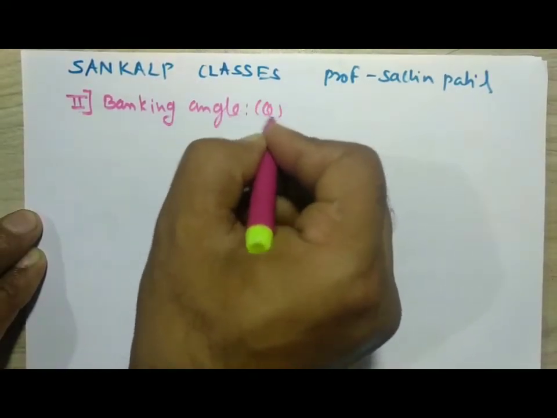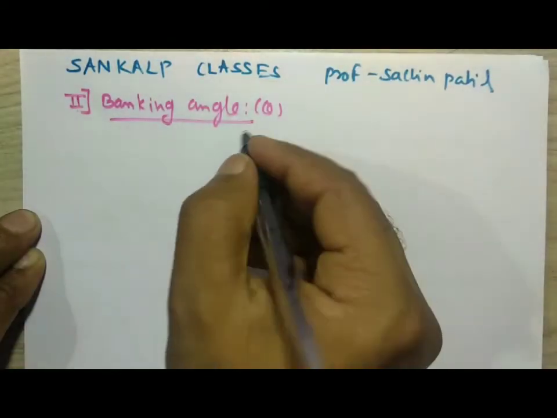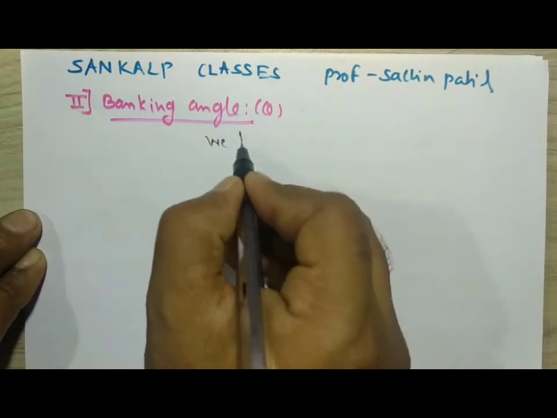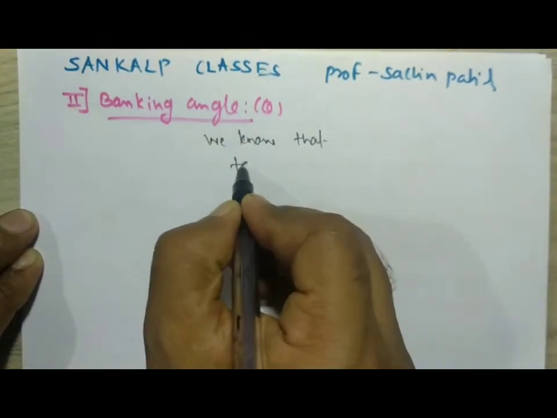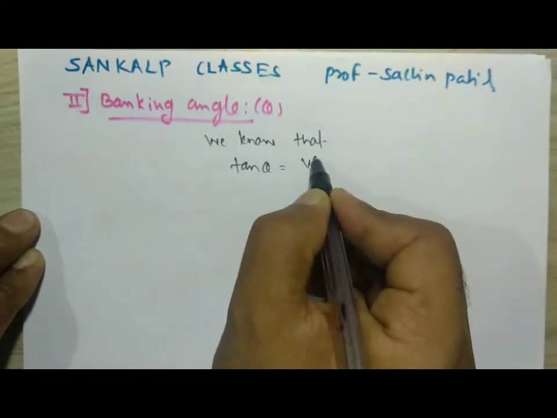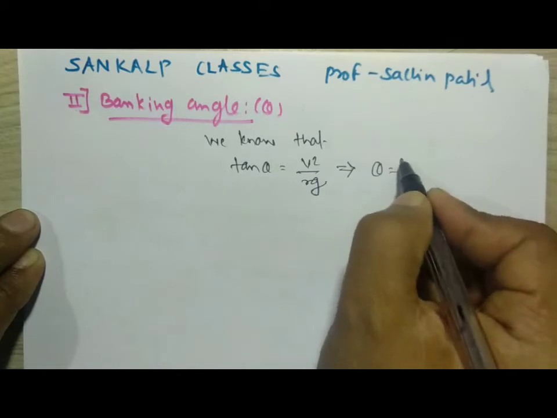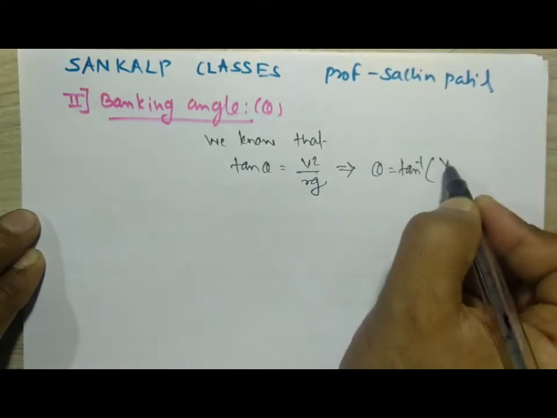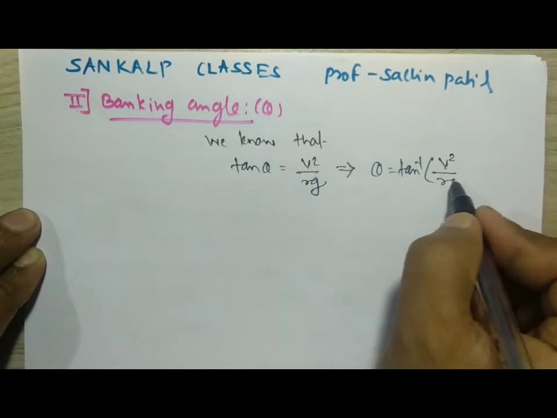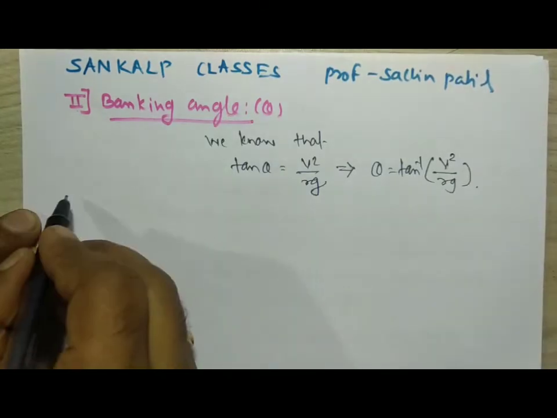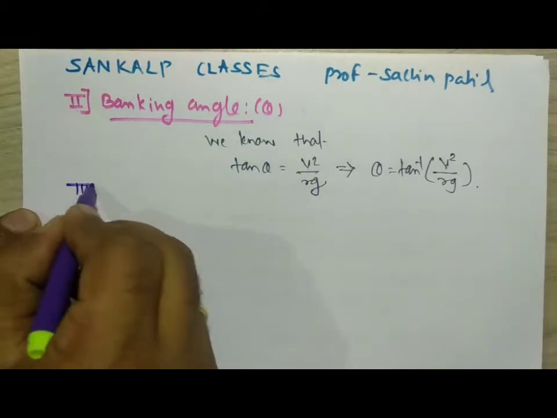It is nothing but theta, and it is given by using what we know: tan theta is equal to v square divided by rg, and it implies that theta is equal to tan inverse of v square divided by rg. And the third point is the speed limit.